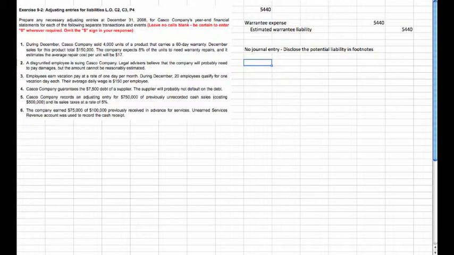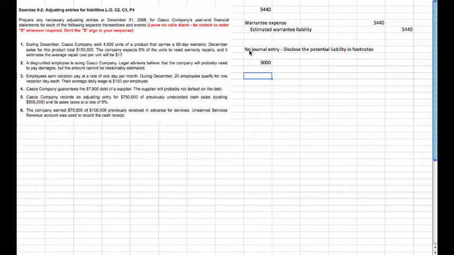We need to recognize that they have 20 employees that have earned vacation. So we need to do a calculation where we have 20 employees, and they earn 1 day, and the 1 day is worth $150. So in other words, we owe $3,000 in terms of vacation benefits at the time of December.